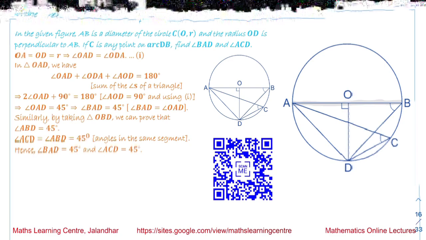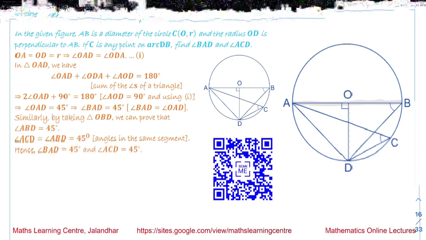Now the next thing is, if AOB is the diameter, then this angle ACB is a right angle, 90 degrees. These angles over here are 60 degree angles.